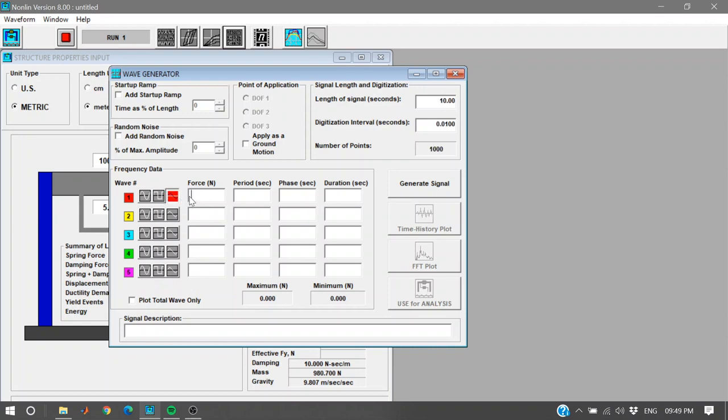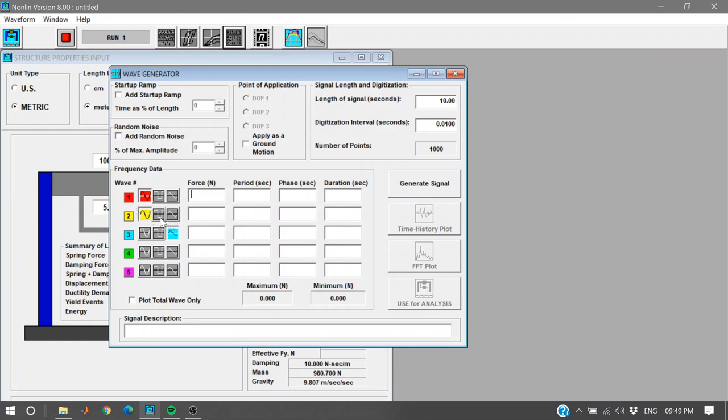And this uses the superposition principle. If we consider one wave as sine, another wave as square, third wave as triangle, and input different parameters here, it will superimpose all of them, and it will consider the final forcing function, that is the combination of all of them.